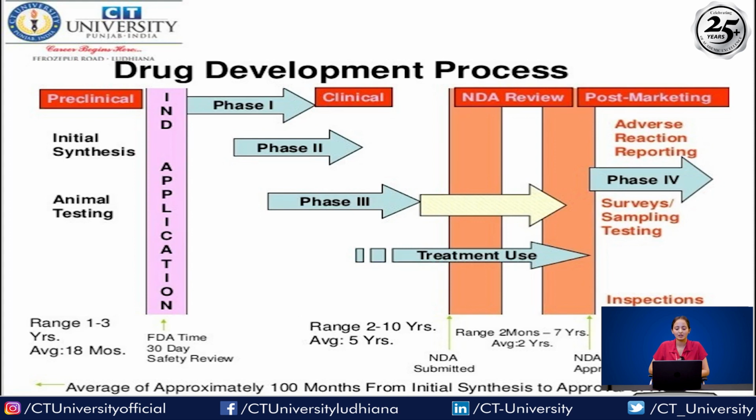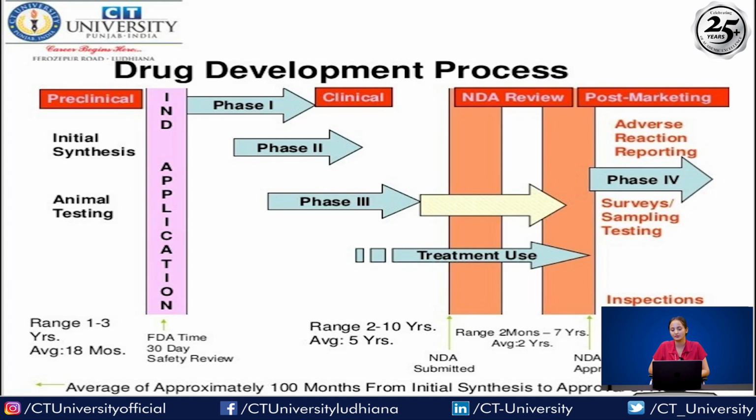It will take approximately 6 to 7 years to bring any new medication to the market. So there are different ranges available. For preclinical, it will approximately take 1 to 3 years. For FDA submission, it will take 30 days to review your data on the basis of the preclinical study. Then after the FDA approves, clinical trials are conducted on human volunteers or human patients, which will take approximately 5 years.